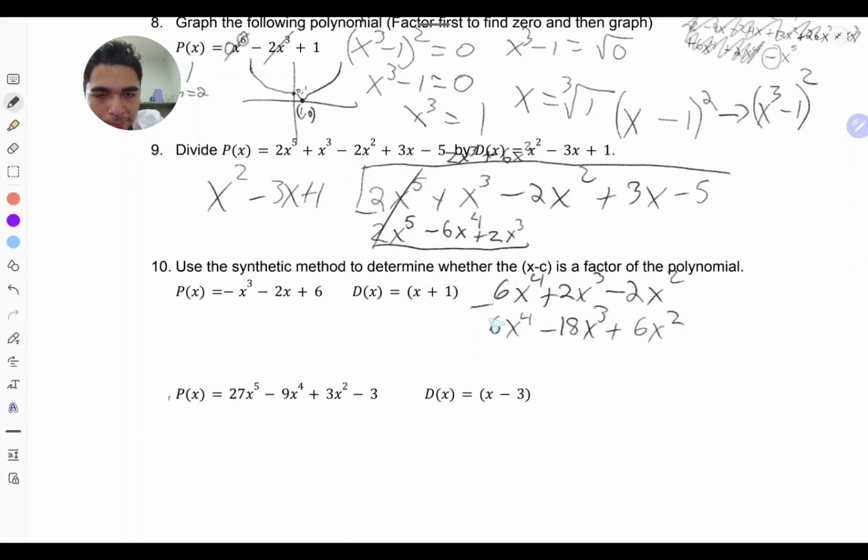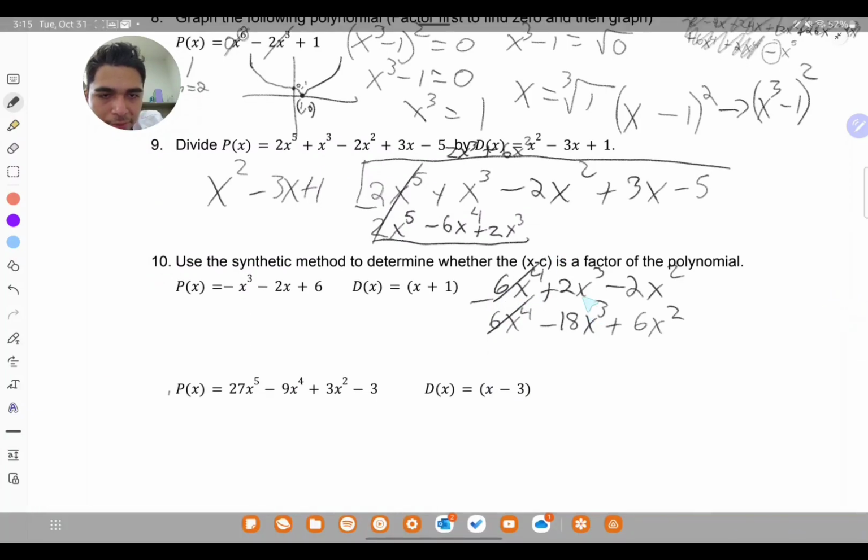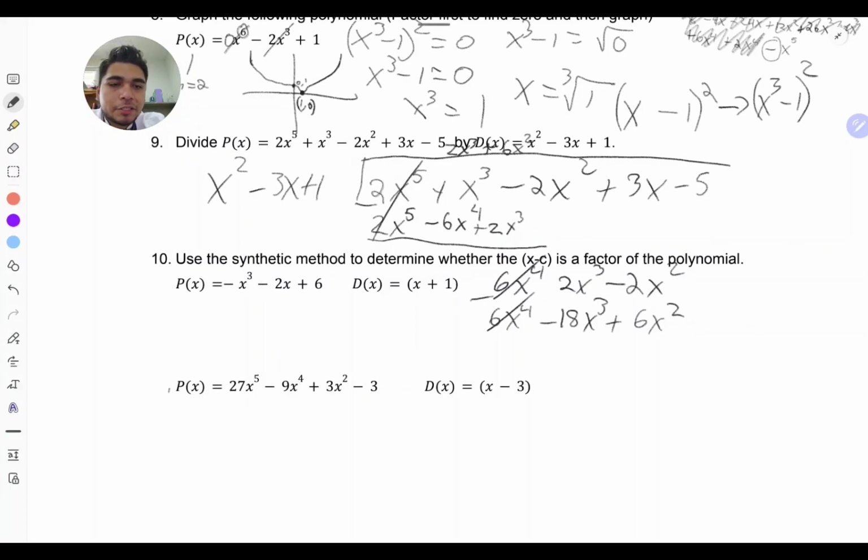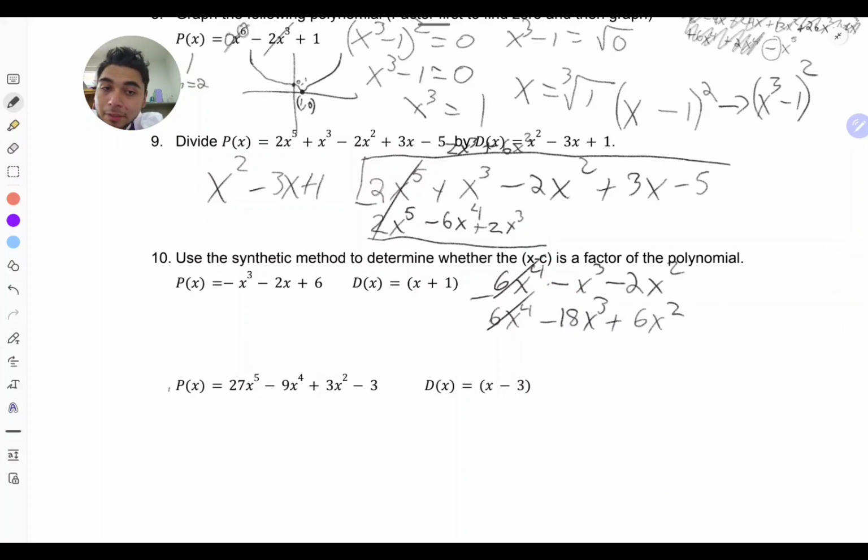Okay, and of course subtract. These cancel, and you're left with 2. Oh, this is negative. My bad. This is negative right here. Oh, sorry. This is positive, but this is 1 minus 2x cubed, which is just negative 1x cubed.